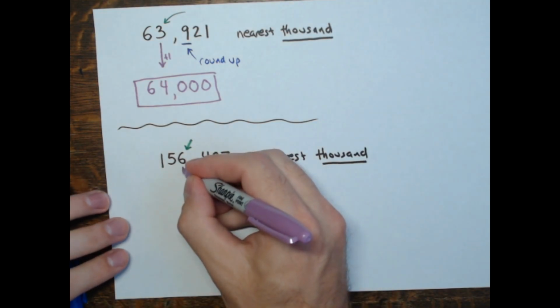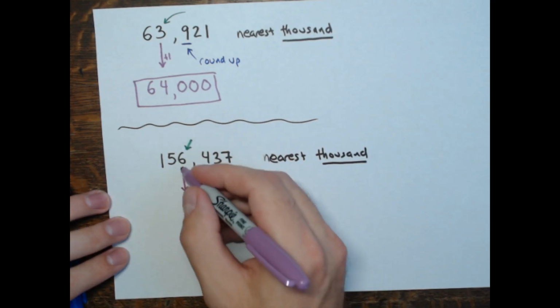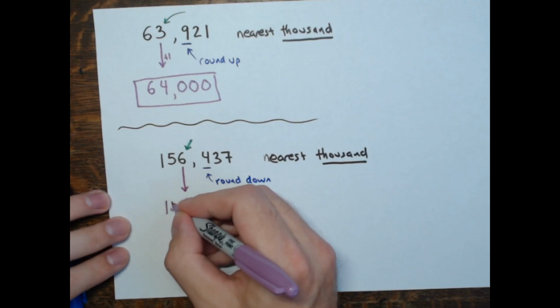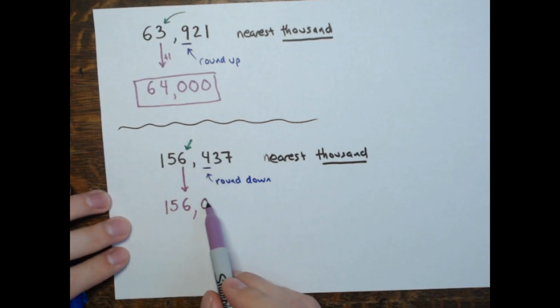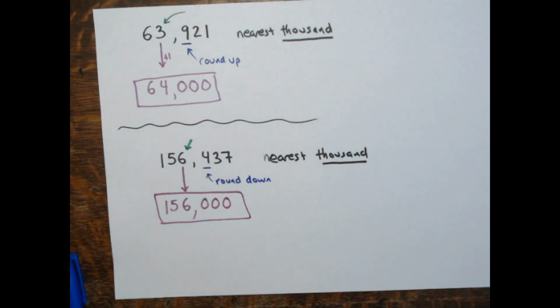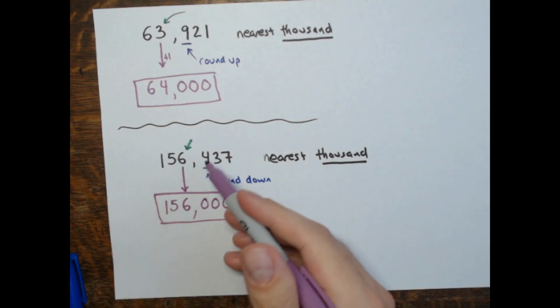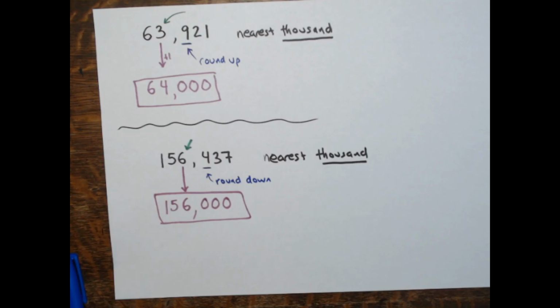Meaning, you don't add 1 to the thousands place, so 6 remains 6. And the digits to the left of that don't change, so it's still 156,000. And then zeros to the right of that: 0 in the hundreds, 0 in the tens, 0 in the ones. So like I was saying, if you're going to the closest thousand, that number we were given is closer to 156,000 than it is to 157,000.